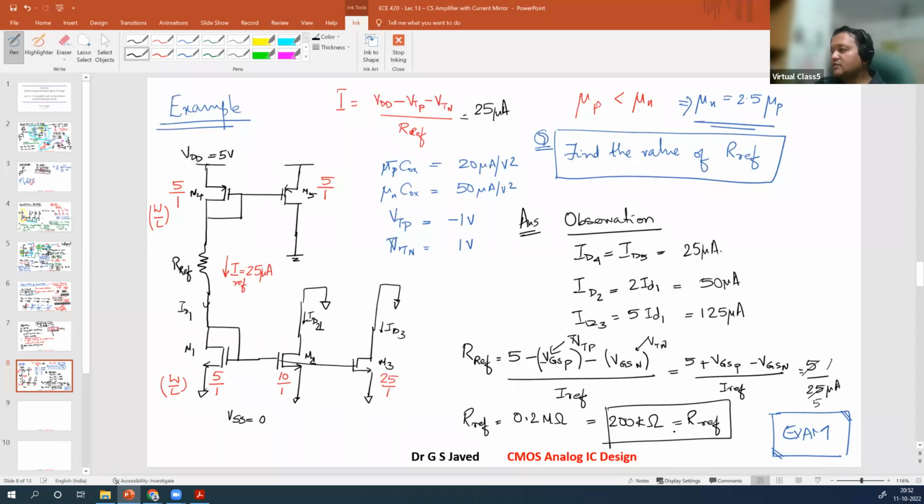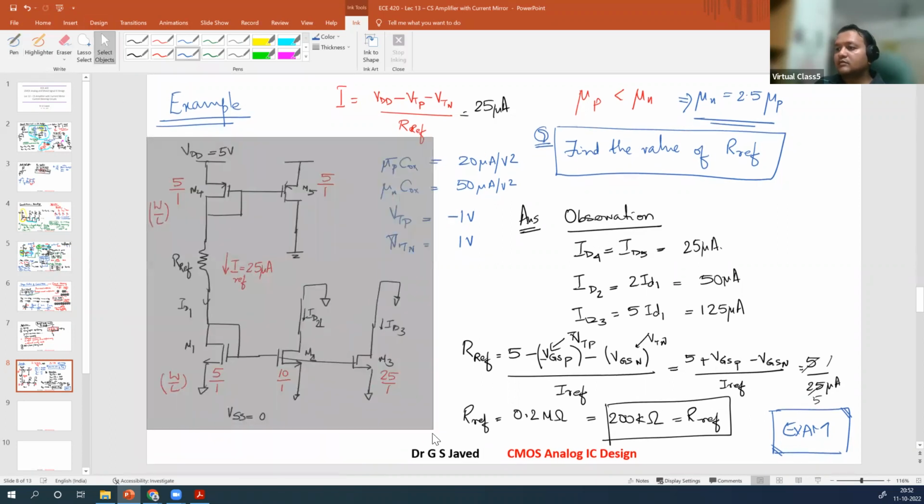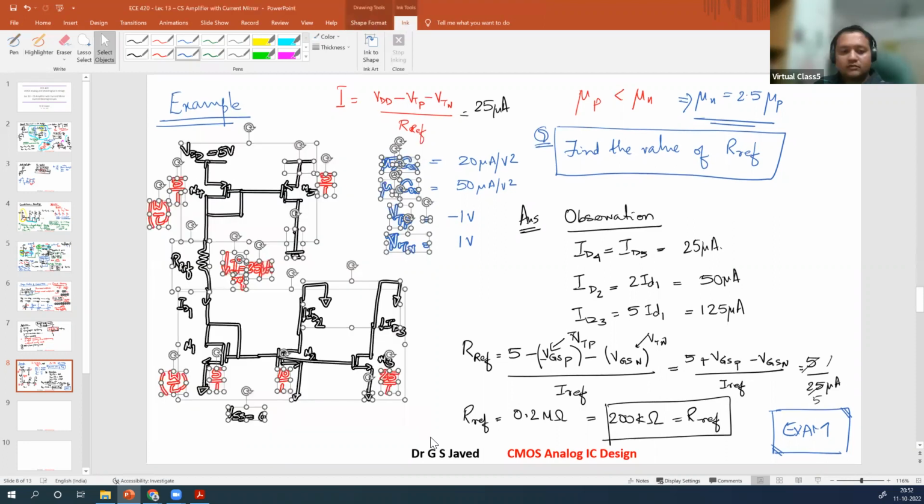Can you realize this VREF using 200 kilo ohm? Yes, your VREF now can be replaced using a transistor circuit. You can do it using two ways. One, let me go to next.